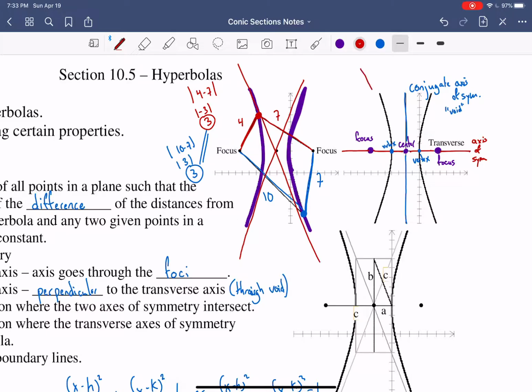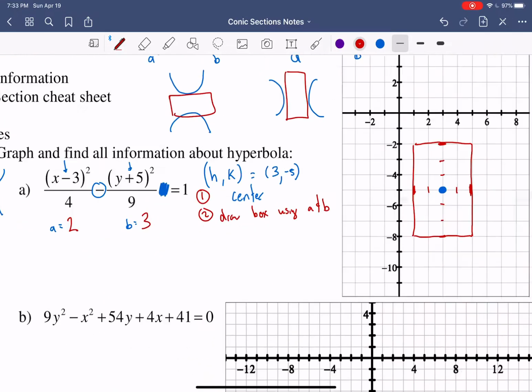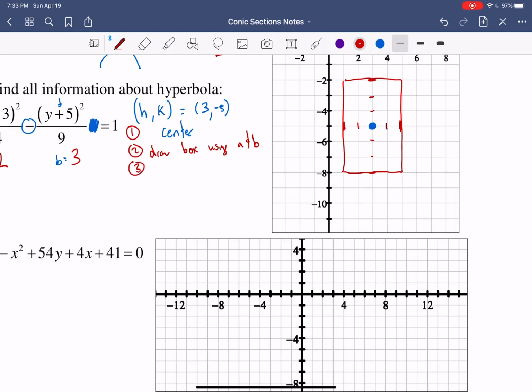If we zoomed out more, it would look more like this. But we can see the asymptotes once I start drawing them in, right? So let's draw that next. So step 3, draw the asymptotes by connecting opposite corners of the box.